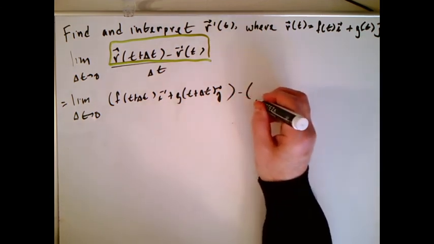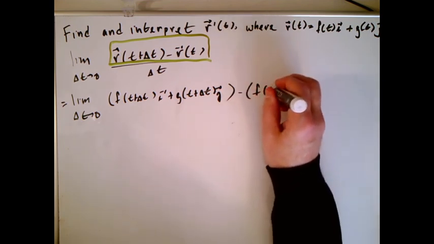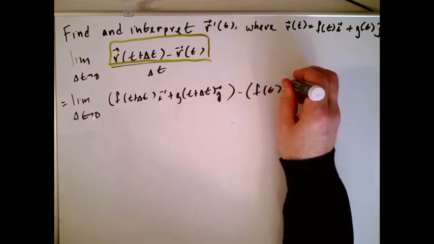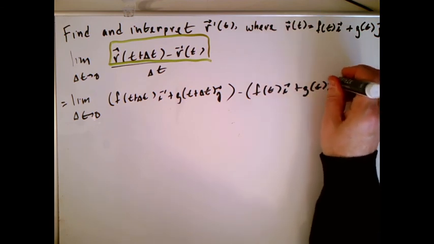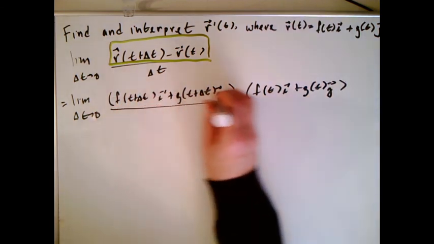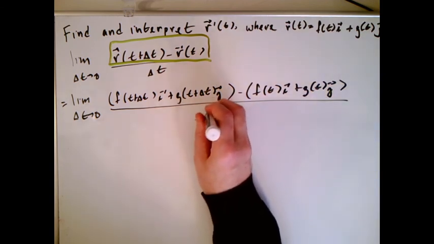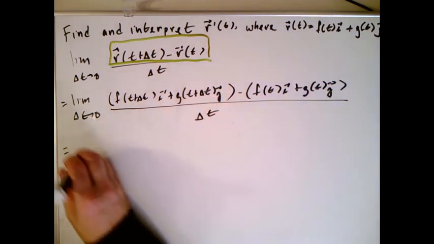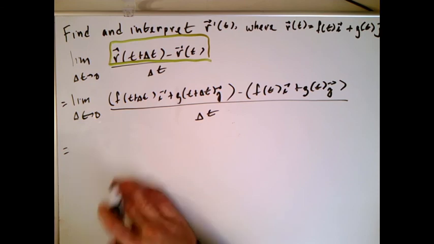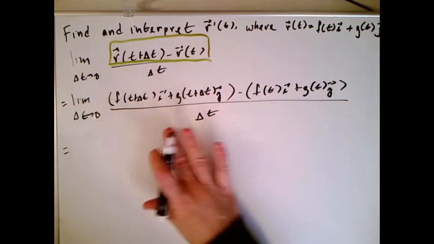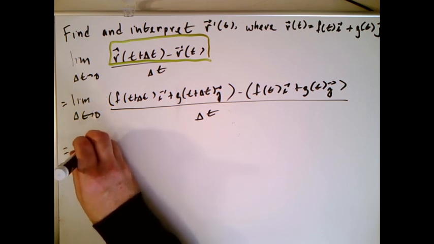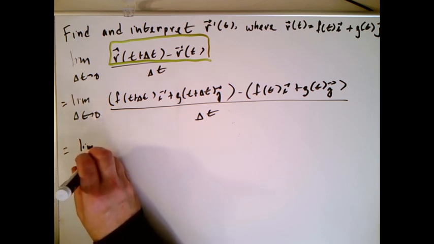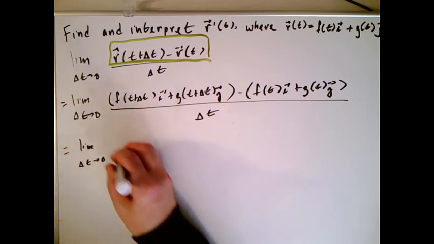The first vector is just going to be f of t i plus g of t j, all over delta t. And what we're going to do is combine like terms. Now what do I mean by like terms? I'm going to combine the two things that have i's and the two things that have j's. So I'm going to say the limit as delta t goes to 0, and let's pull out the things that have i's.